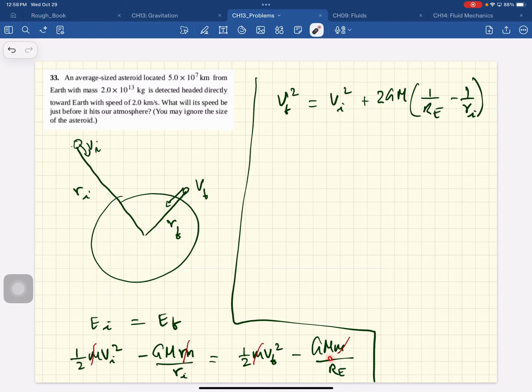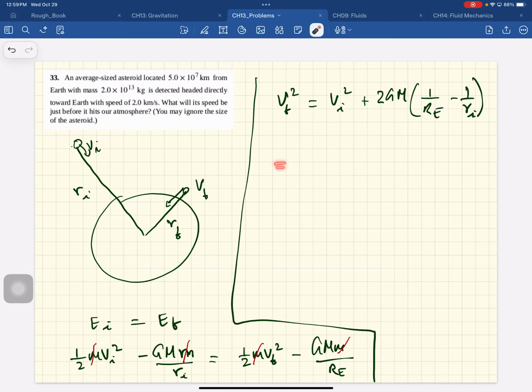I bring this over here, that becomes positive. GM is common, which I pulled out, 2 times GM, and 1 over radius of the Earth, and 1 over initial radius. Okay, so that's the final velocity square. Okay, the initial velocity was 2 kilometers a second. We'll put that in SI units.